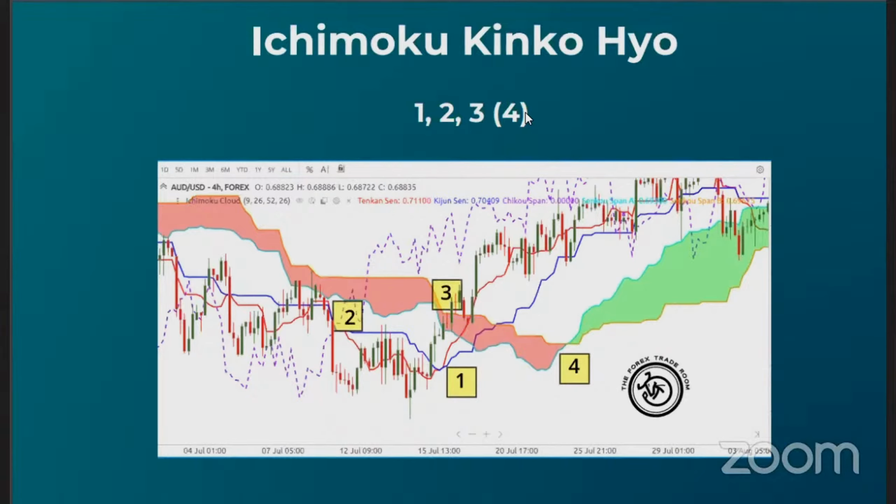Price gravitates, like we always say with trend lines, from trend line to trend line. If you get an inner trend line break, there's a high probability it'll go to the outer trend line. It's the same thing, like a magnet, with price trying over time to work back to equilibrium. That's why I like the Ichimoku so much and the way it's calculated, like how some traders love to trade breakouts.